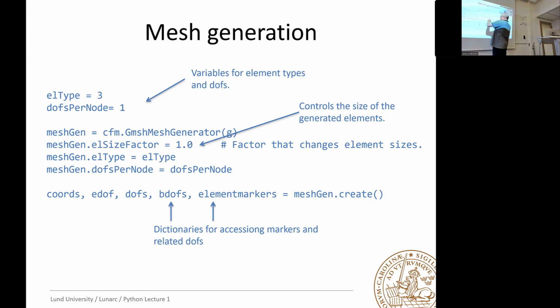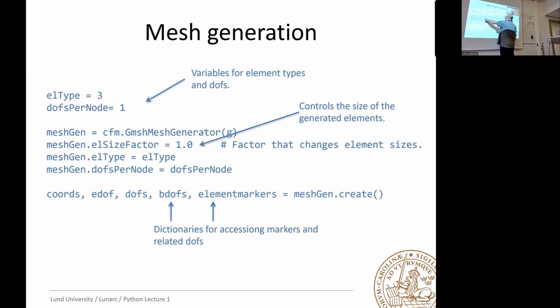And then we need to create a mesh generator. So this is a class, GMSH. And when we create this class, we give it the geometry as input. So here you can see the benefits of having objects that you can pass along, that they contain a lot more information. You will use that in your own code later on as well.